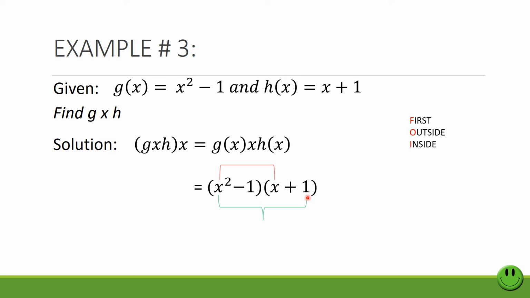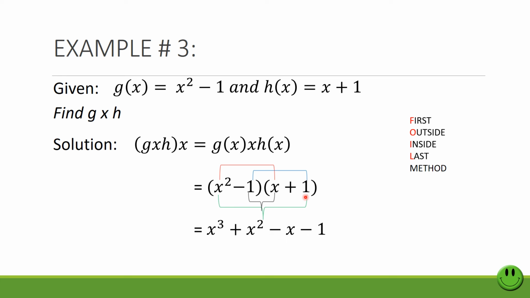And then next is I for inside, which means the inside terms. So the inside terms here are negative 1 and x. And L stands for last, that means the last terms. So our last terms here are negative 1 and positive 1. So that is the FOIL method.